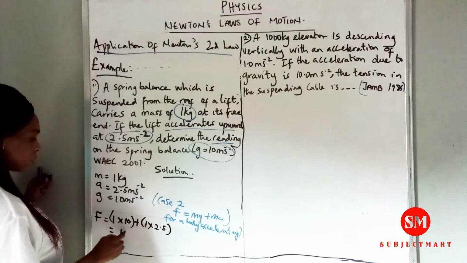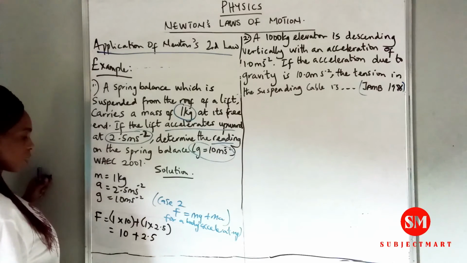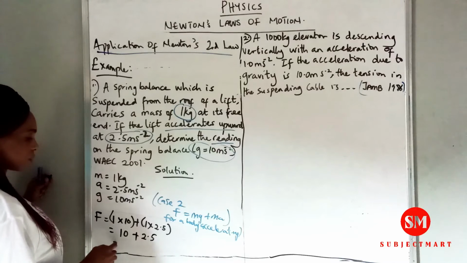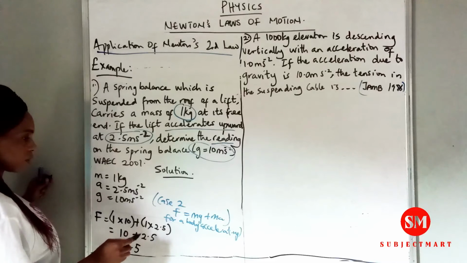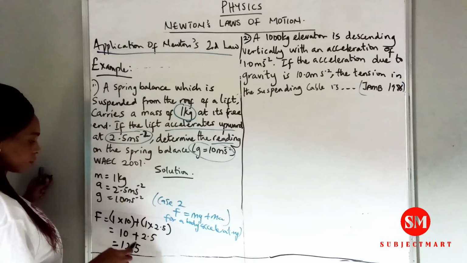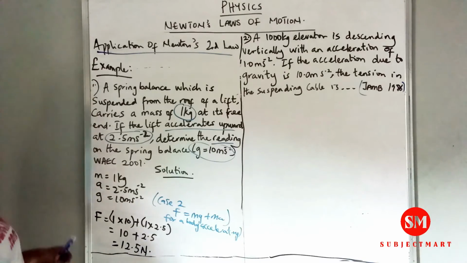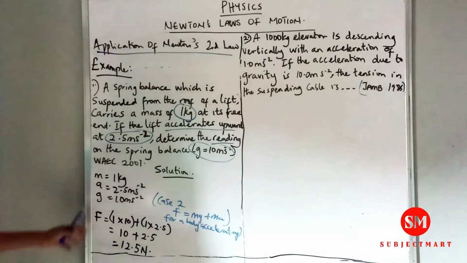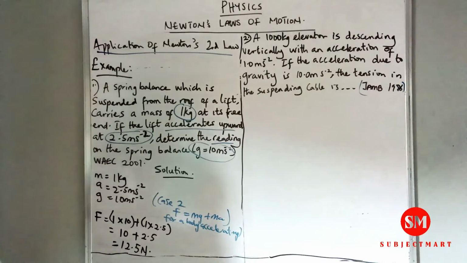So we have 10 plus 2.5, and that gives us 12.5 Newton. So the reading of the spring balance from here is 12.5 Newton. I want to believe that this is very explanatory.